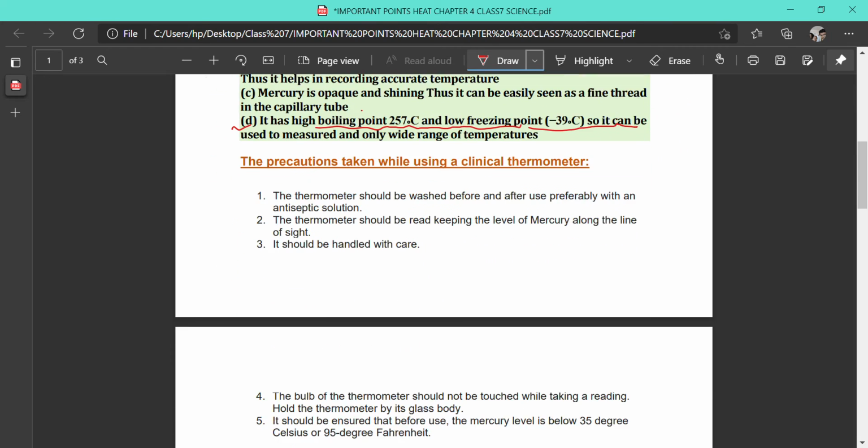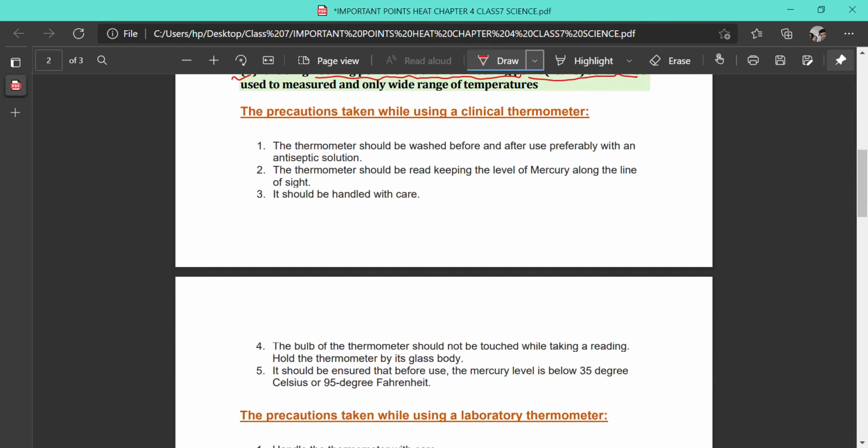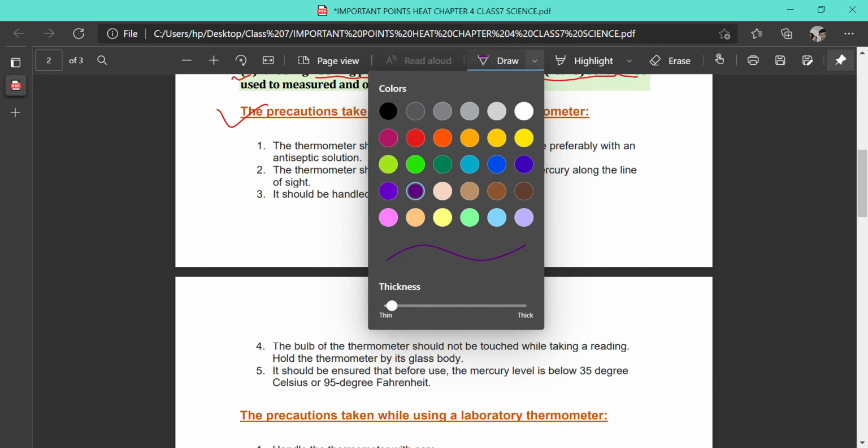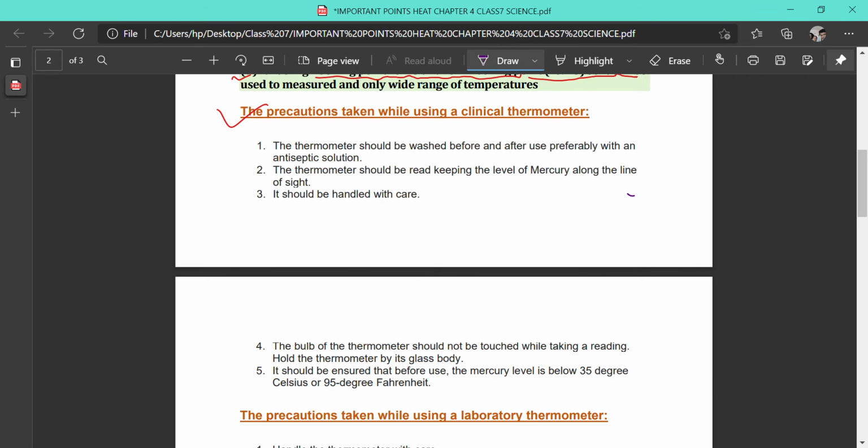Now we are going to see the precautions that we should take while using the thermometers we have discussed, the clinical thermometer and the laboratory thermometer. First of all, we'll read about the clinical one. The thermometer should be washed before and after use with an antiseptic solution.